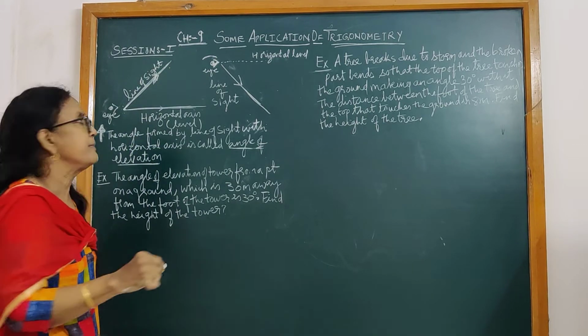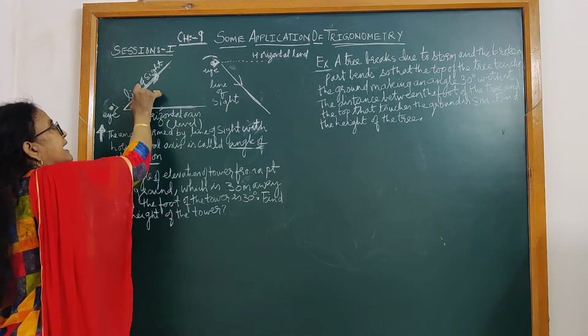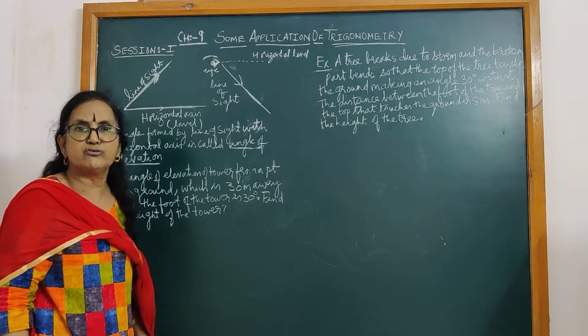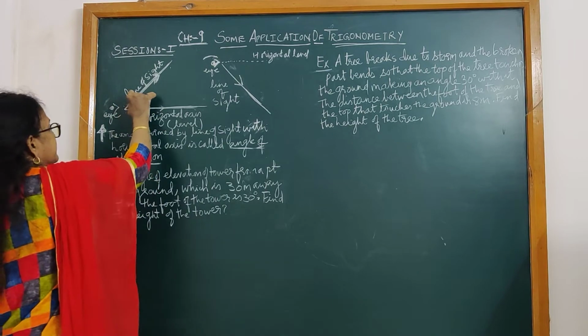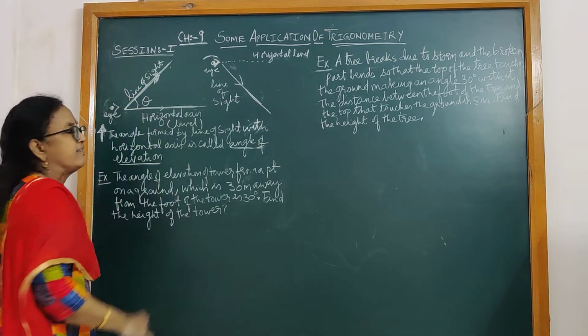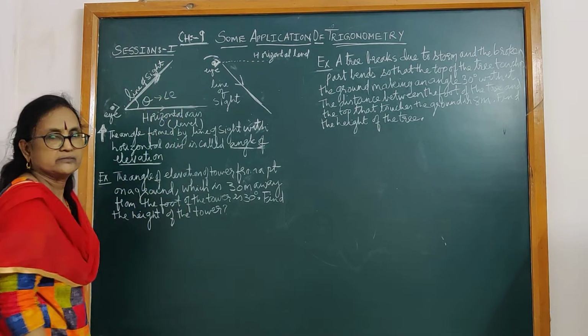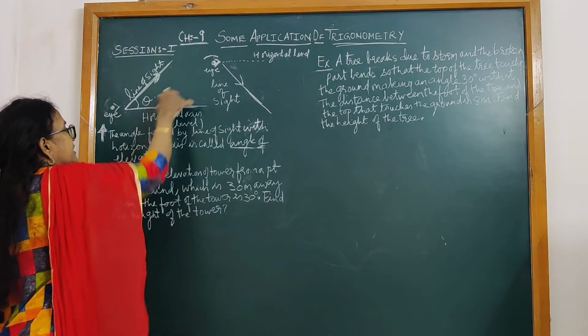Hence the angle made between the horizontal axis and your line of sight, to the tree or any tower which you are seeing, you call the angle of elevation. This theta is actually the angle of elevation.